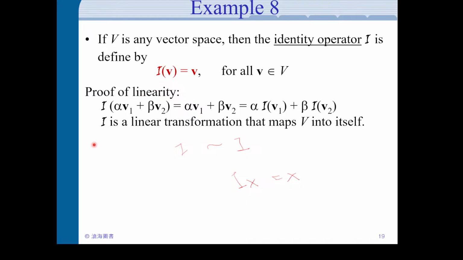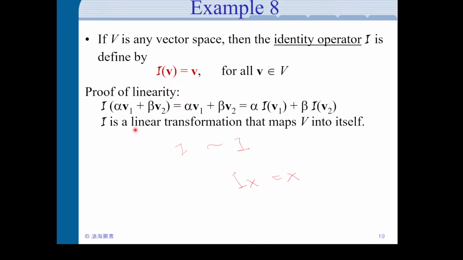We think of it as an abstract mapping from one abstract vector to another abstract vector. But functionality-wise, it is the same as multiplying by the identity matrix, if you can express the vector as an Rn vector. So that's the identity operator.